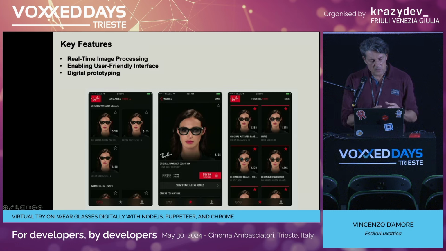But the very important part is that we enable digital prototyping. To be clear, digital prototyping gives us the ability to virtually explore a complete product before it's built. In other words, our most valuable customer will be able to see the new glasses long before they are even built, when they are only in the mind of our designers.